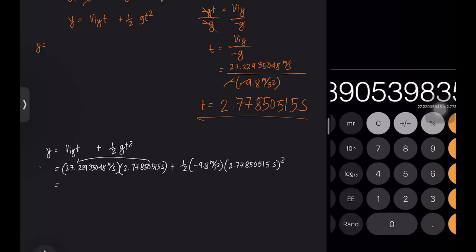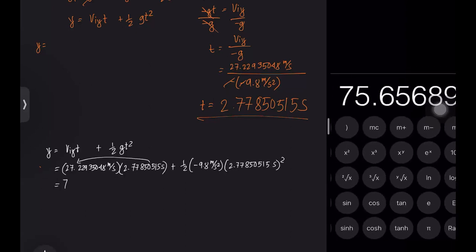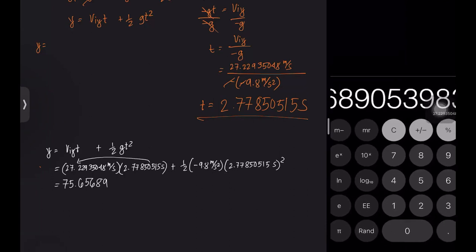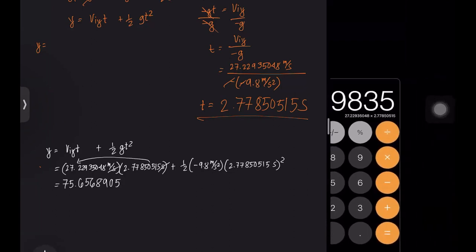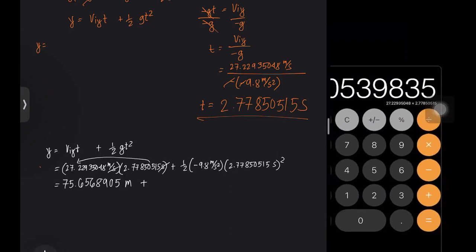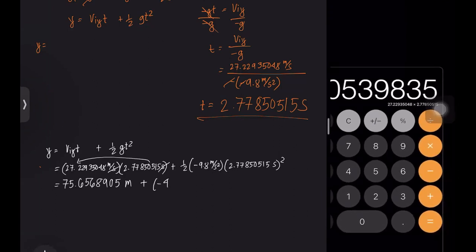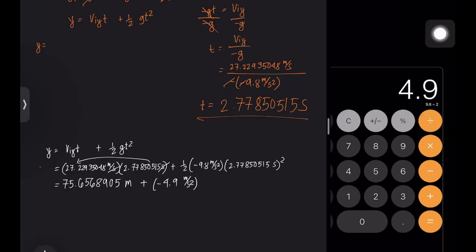So the answer there is 75.656898905. We cancel the seconds here and we have meters left. So plus the 1 half of 9.8, which is negative 4.9 meters per second squared. Let me make sure, 9.8 divided by 2, 4.9, yes, that's correct.